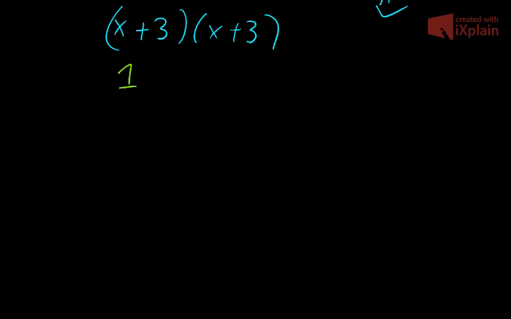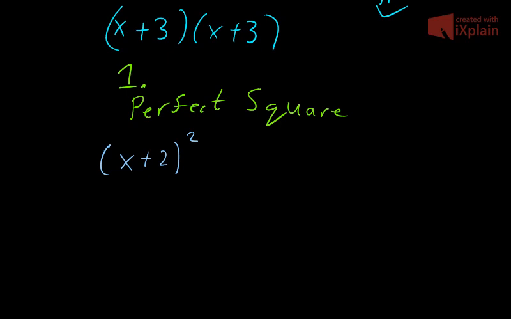So let's look at a couple of patterns that we can have. My first big new thing for today is what's called a perfect square trinomial. That is not how you spell square. S-Q-U-A-R-E. There we go. A perfect square trinomial. So this is what's going to happen if we start with something like x plus 2 squared.